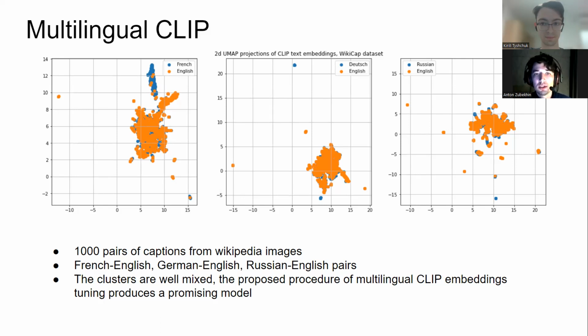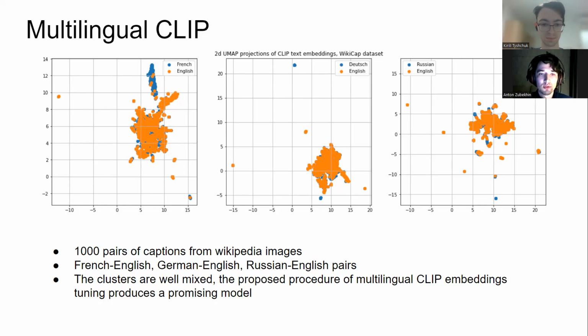So we used UMAP to project the text embeddings for each pair and observed, first of all, that the point clouds align visually very well. That represents a good mixing of them, so we can use them interchangeably.